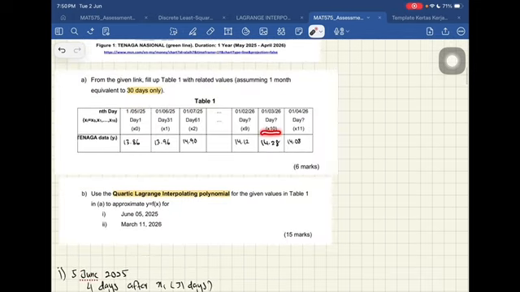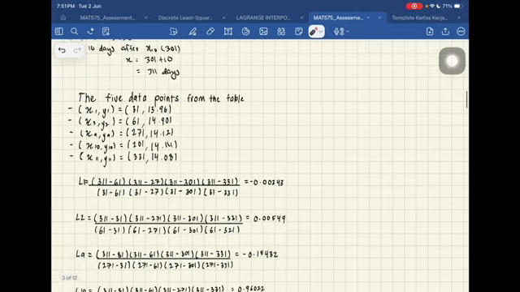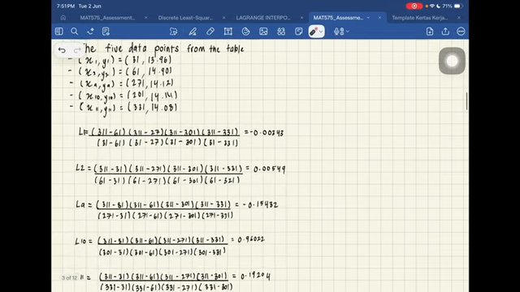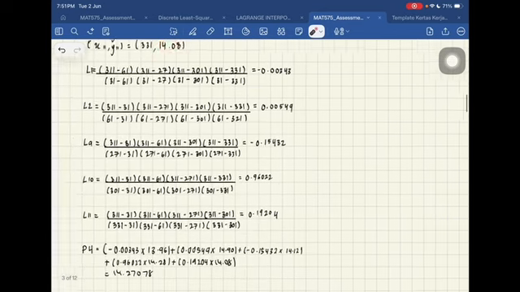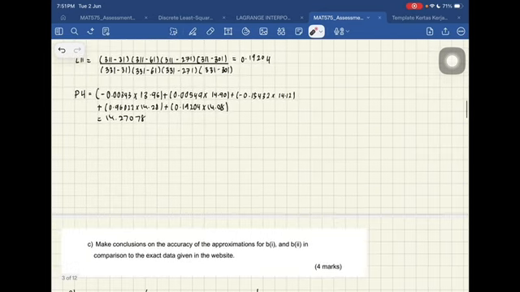So x equals 301 plus 10 equals 311 days. Then you just arrange the data from the table in order, then find L1 until L11, and lastly you can substitute the y values by using these y values, and then you will get the answer for P4.